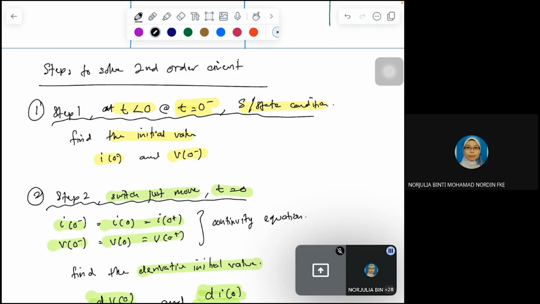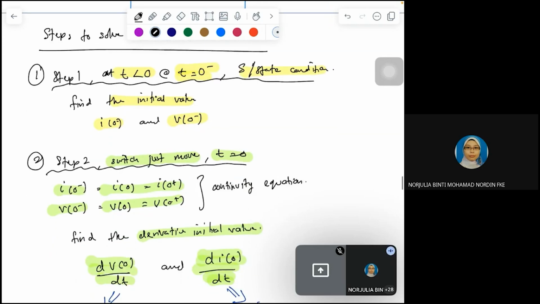For the inductor, we need to find the initial value of the inductor current, and for the capacitor, we need to find the initial value of the capacitor voltage. At step 1, we should analyze the circuit under a steady state condition.